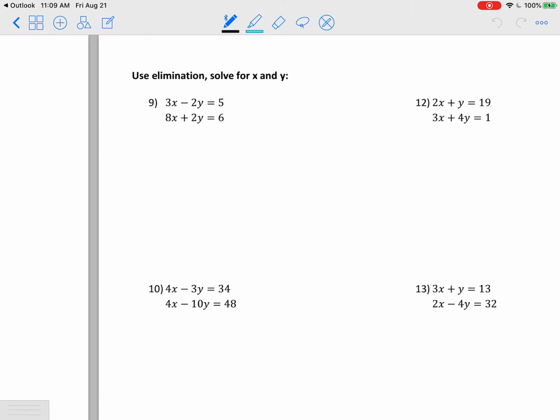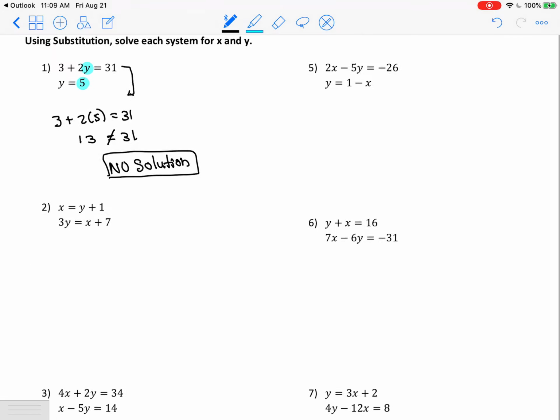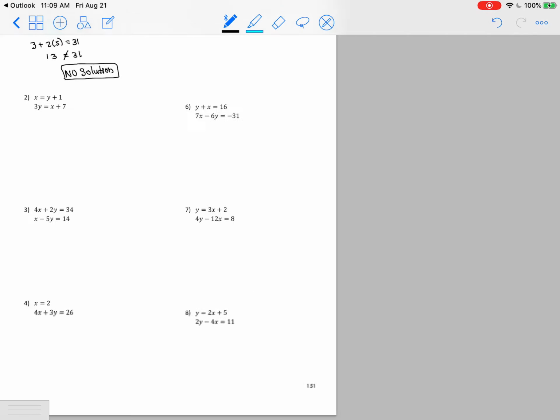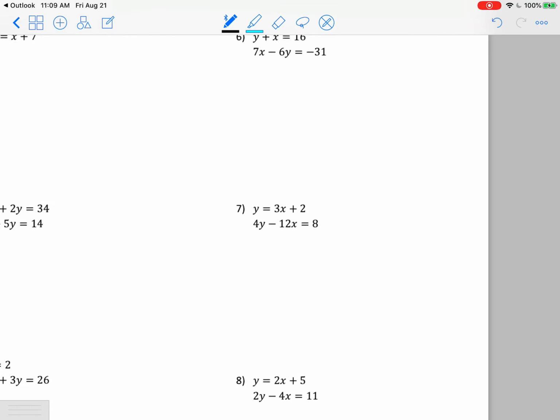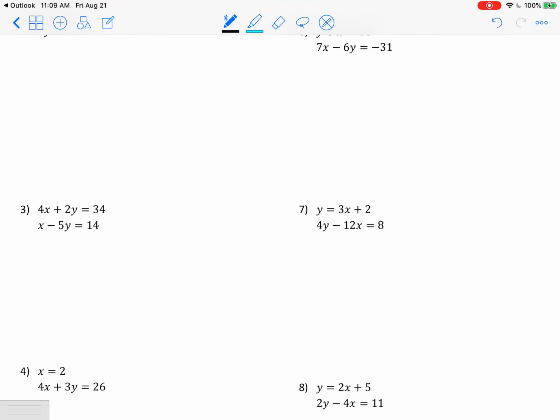All right, so that's kind of interesting. Let's take a look at number 7. So we can see here in this example, we have one of these equations already that has isolated y for us.